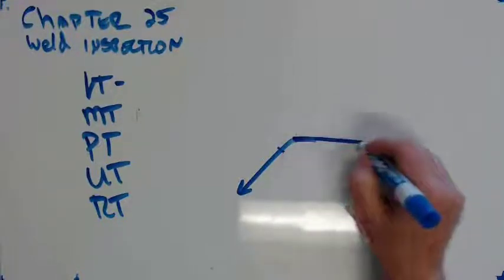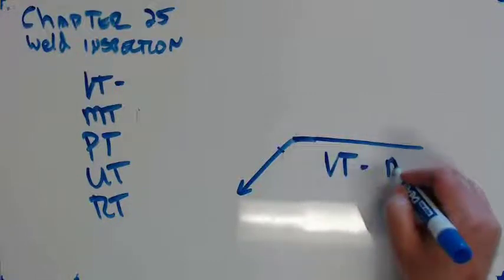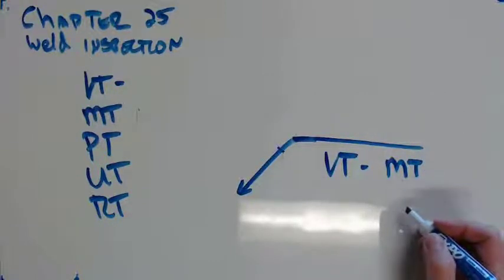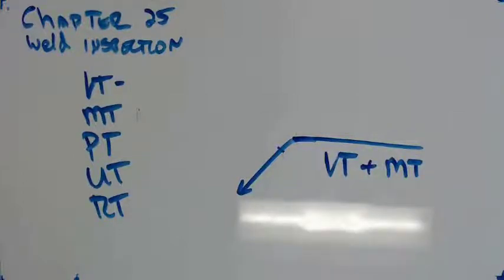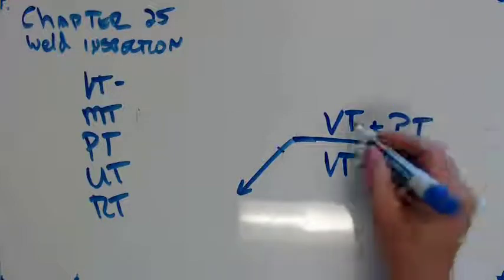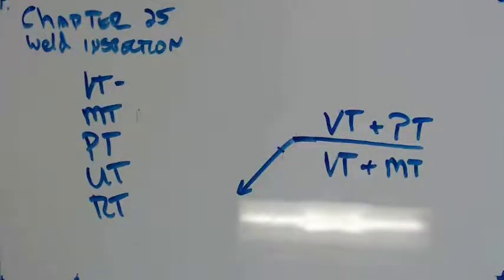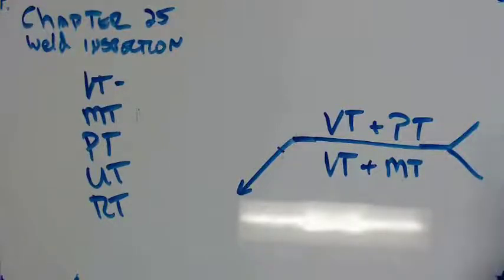So it'll be VT and MT. That means I'm going to do visual and mag particle. Make a plus sign. I'm going to do visual inspection first, and then I'm going to do dye penetrant testing. And out here is the tail, just like a weld symbol. You can put notes out here, all kinds of stuff.